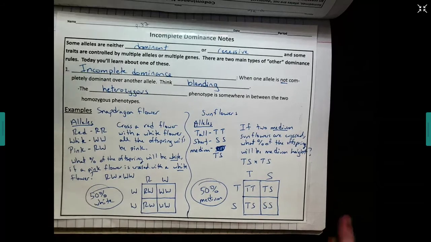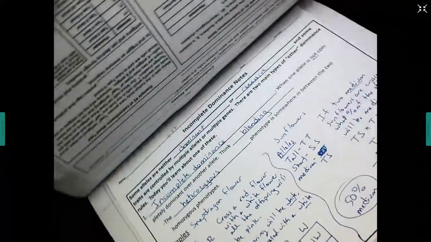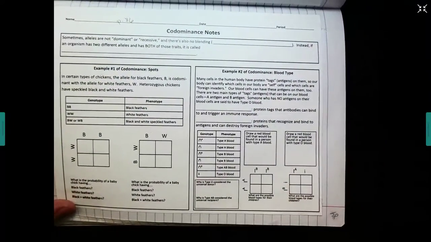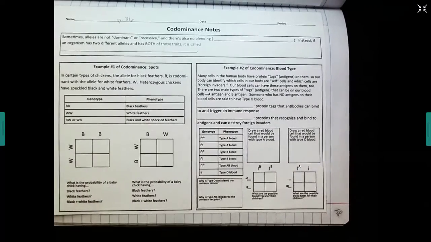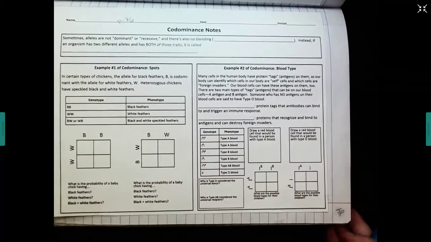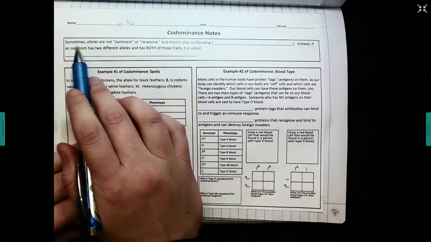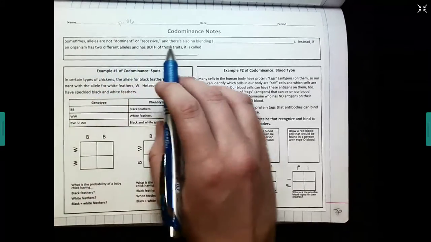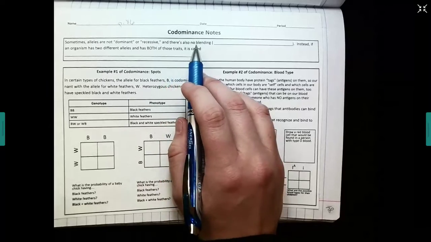So let's take a look now at the other side, and let's talk about codominance. So here for our codominance notes, again, sometimes alleles are not always just dominant or just recessive, but also there's no blending.